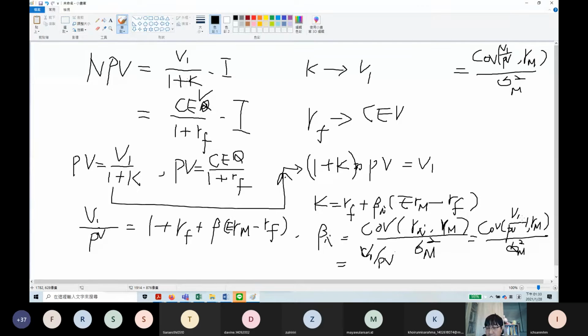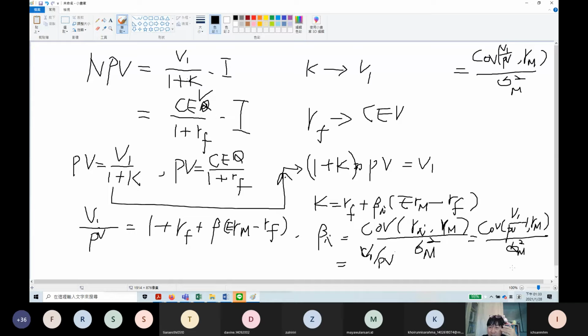I ignore the minus 1 because it has no influence on the covariance. This is a constant, a deterministic number, not random, so you can ignore the minus 1.